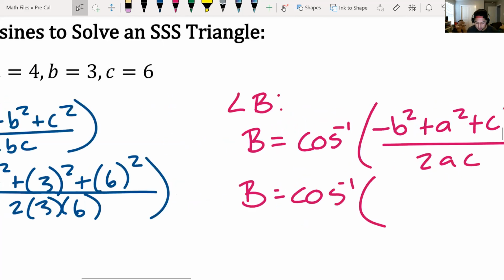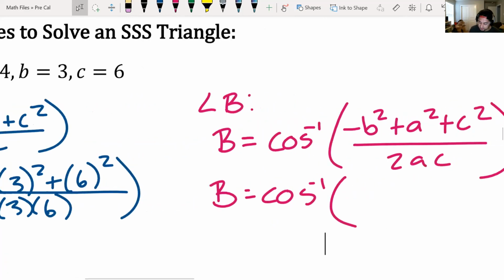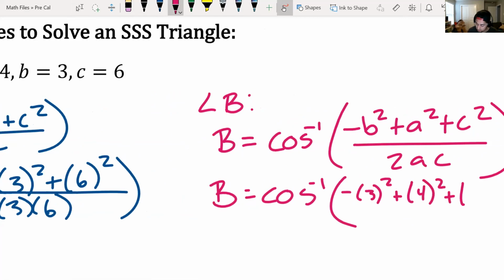Plug it in. What do I have? 4, 3, 6. Okay. So negative 3 squared plus 4 squared plus 6 squared over 2 times 4 times 6.